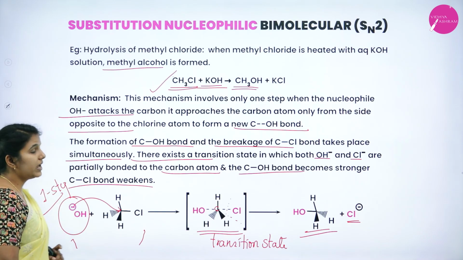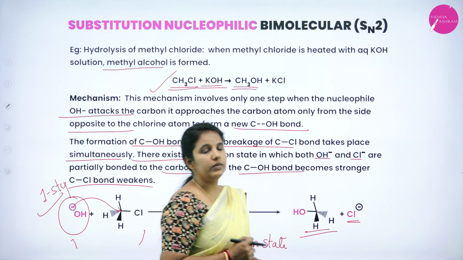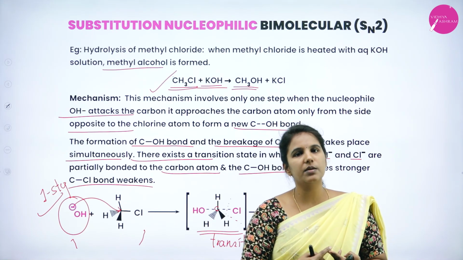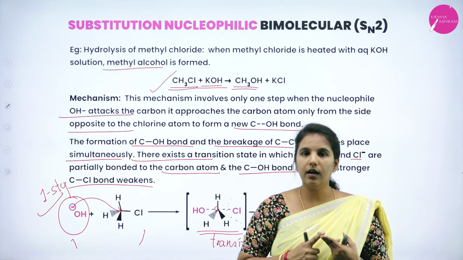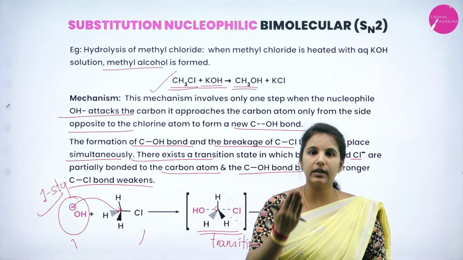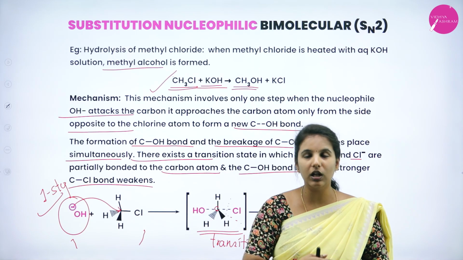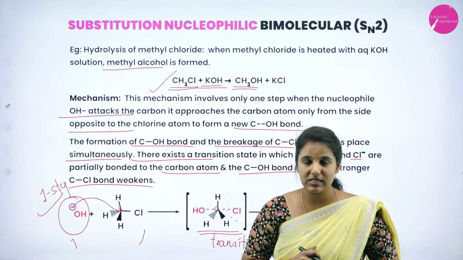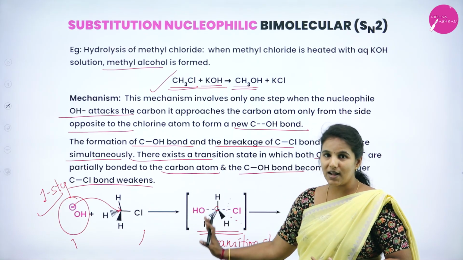Whereas the SN1 reaction mechanism happens in two steps. The first is carbocation formation, the second step is the attack of the nucleophile. Here in the SN2 reaction mechanism, always remember the nucleophile OH minus ion directly attacks the carbon from the opposite side, thereby forming a transition state.